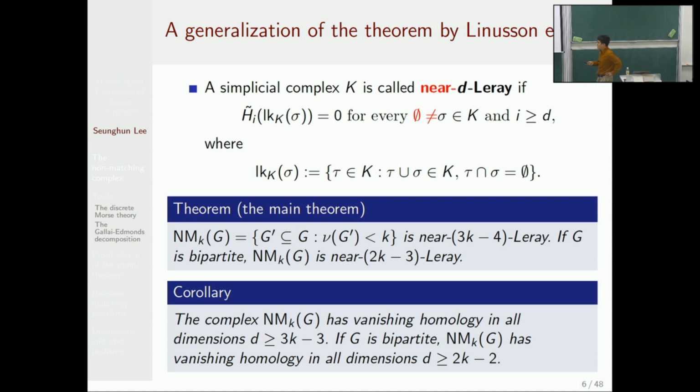The complex NM_k(G) has vanishing homology in all dimensions bigger than or equal to 3k minus 3. And for bipartite graphs, the lower bound becomes 2k minus 2. So it gives a lower bound for vanishing homology, so an upper bound for non-vanishing homology.